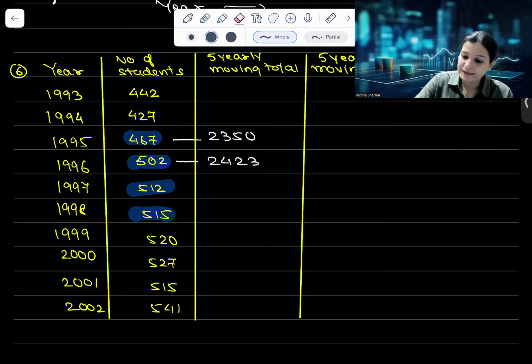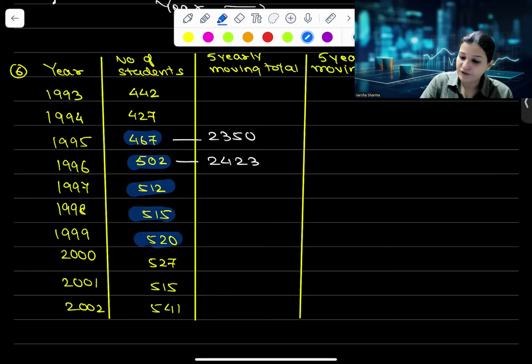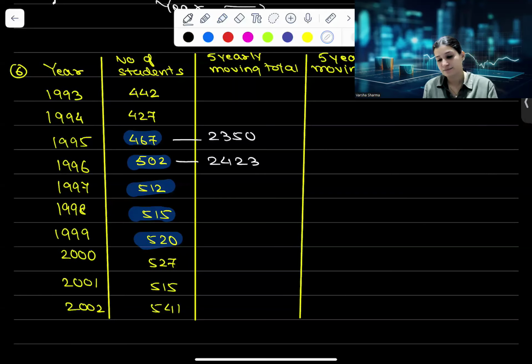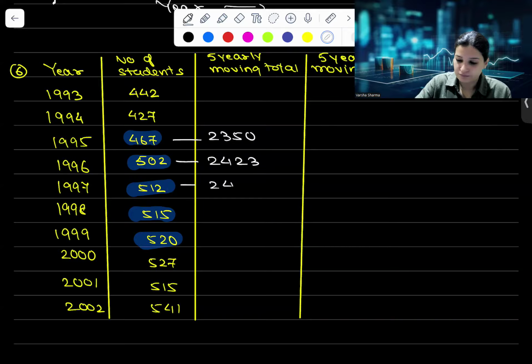Remove 427, add 520. Add 53 basically. 2476. Very good.